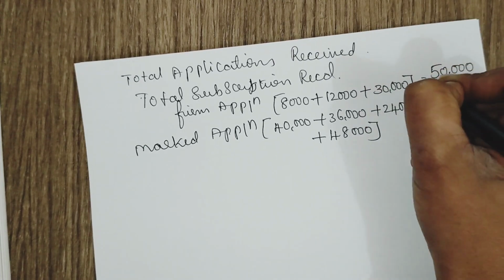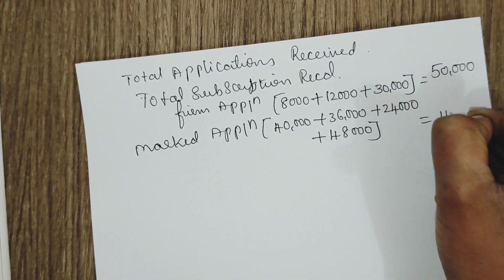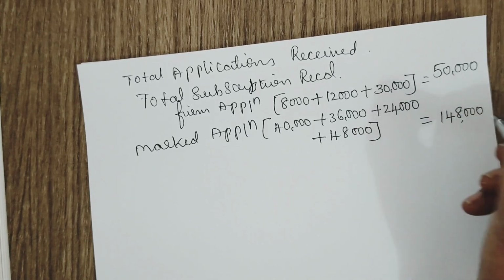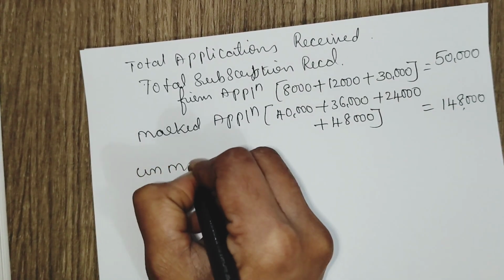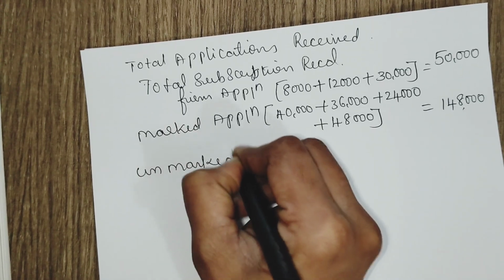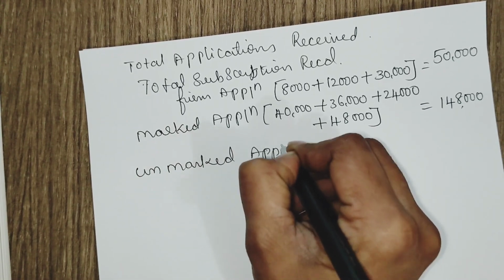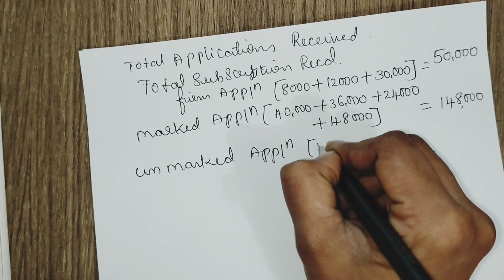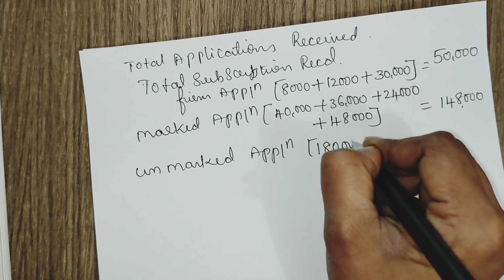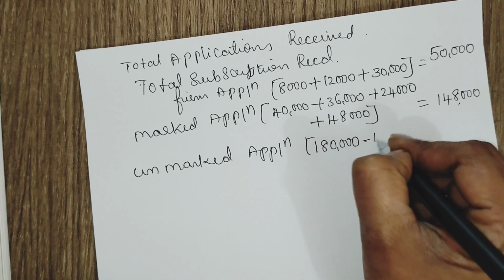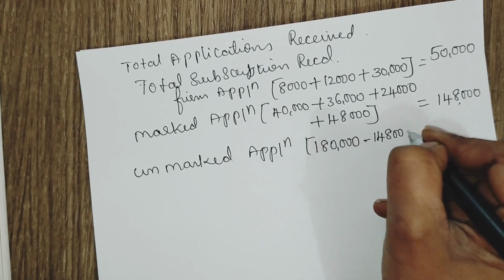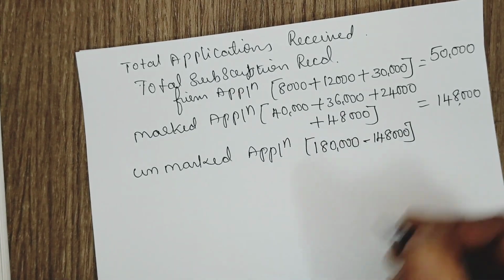So total is 1,48,000, the total marked application. Unmarked application: the total application received is given as 1,80,000, out of which 1,48,000 is the marked application.